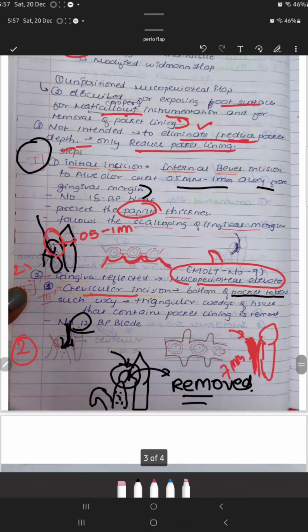So all of you will have understood. The first step is the initial incision, that is the internal bevel incision. The second is to reflect the flap, and the third step is to give the second incision, that is the crevicular incision, which is given along the sulcus of the tooth.